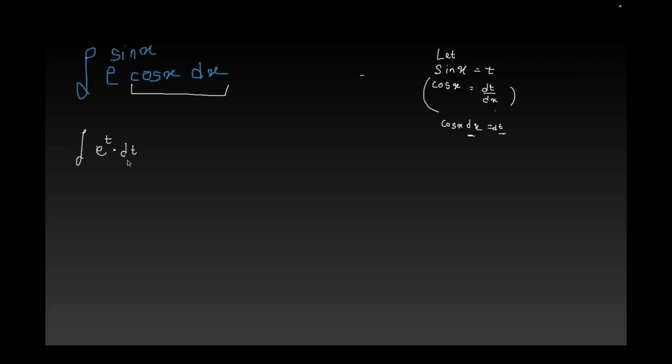Integration of a function with respect to t. Integral e power t is nothing but e power t plus integration constant. Now, what is t? Sin x. Bring it back. When you are coming back to the answer, you should have the same variable which you had initially. So bring it back to sin x. So this is how you integrate using substitution method.